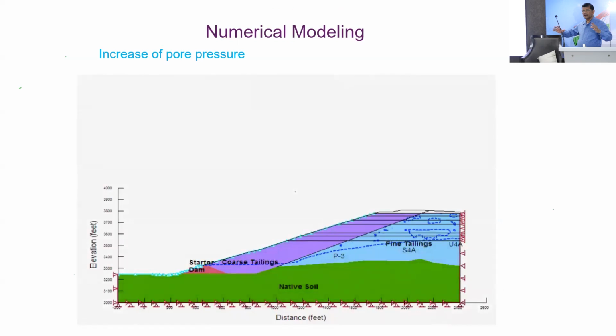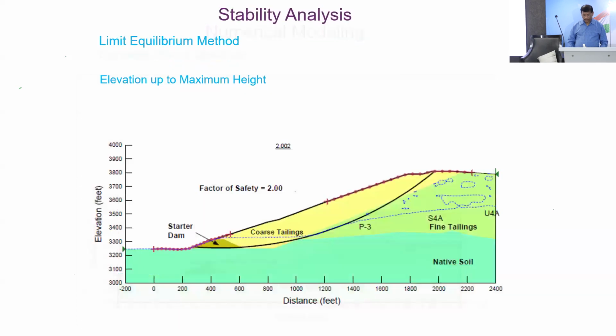This is generated using a numerical model. So at that stage, that's my end stage, this is our pore pressure. And we can use that to develop a limit equilibrium model.